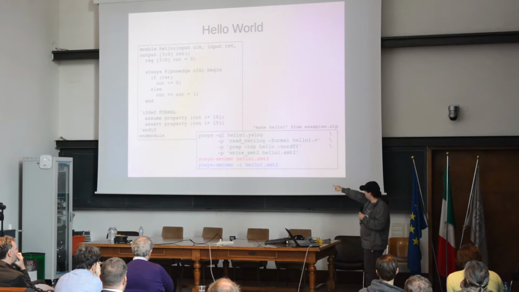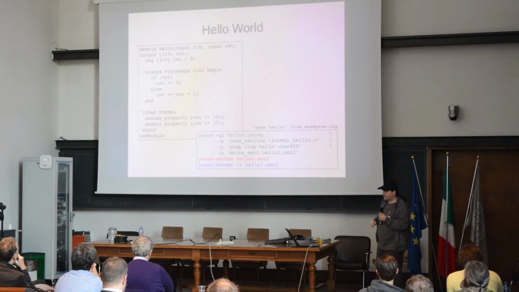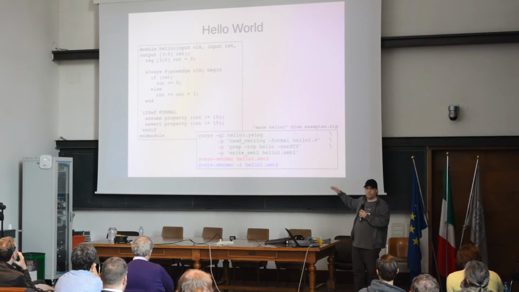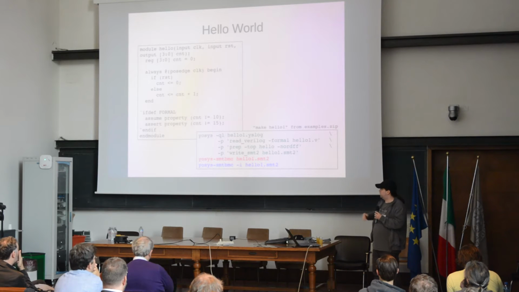And then I'm using a separate program, Yosys-SMTBMC, and I give it this SMT file as input, and it's now going to prove that the assertions in this design hold. The first call, the red one here, will just run a bounded model check for 20 cycles. In the second call, we use temporal induction, or K-induction it's sometimes called, to prove that these properties actually hold forever and not just for the first 20 cycles.